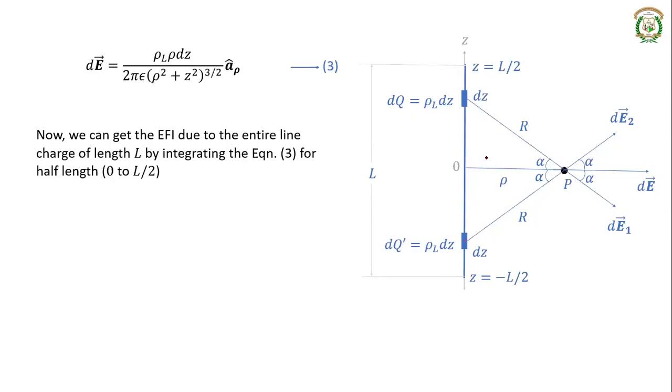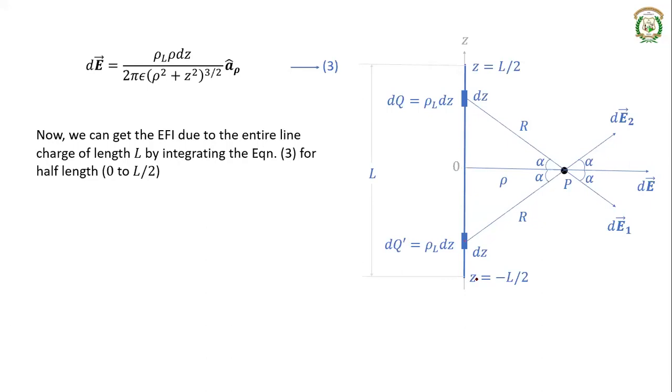So while integrating, we integrate only over the positive axis, so that the expression includes the electric field intensity due to the charge on the negative z axis also. If you want to find the electric field intensity due to a line charge of length L, instead of integrating from minus L by 2 to L by 2, we will integrate from 0 to L by 2, because that includes the effect of equivalent charges on the negative z axis.